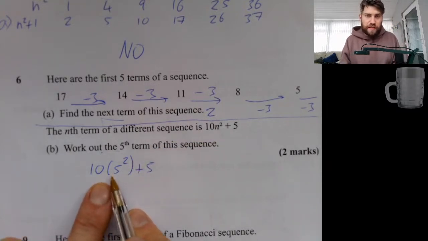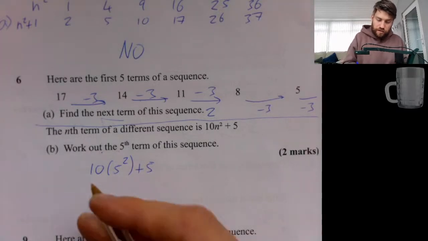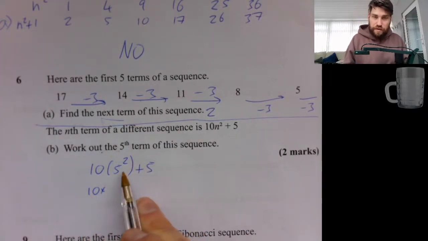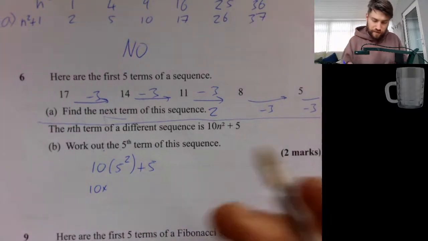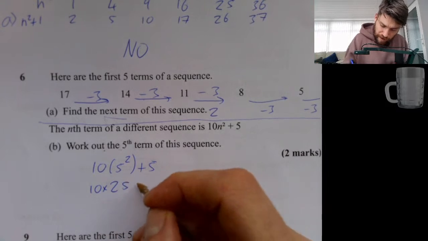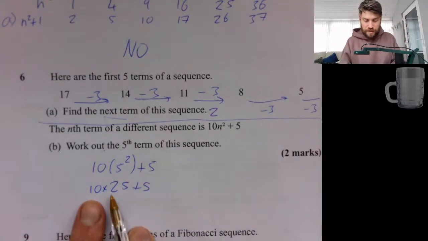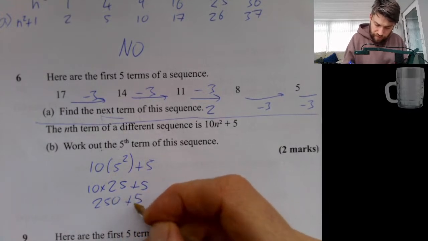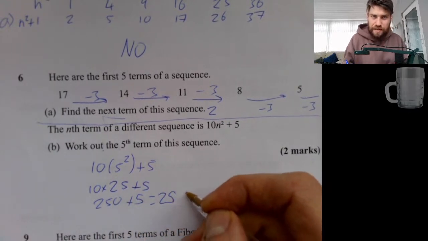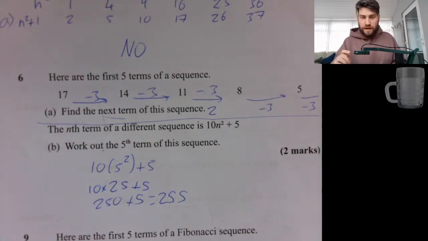The brackets, you can just multiply there, it doesn't really matter, okay? So 10 multiplied by 5 squared, don't say 5 squared is 10. It is 25, okay? So 10 multiplied by 25 plus 5. There you go. So 10 times 25, 250, plus 5 equals 255, okay?